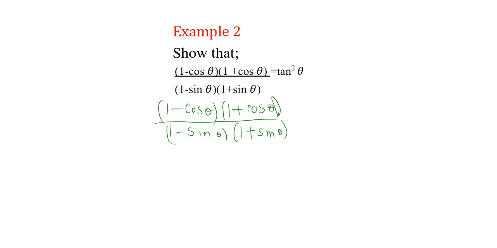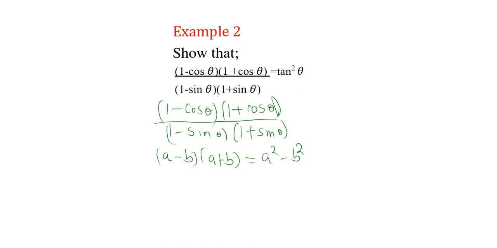I want us to recall the quadratic identities, where we have a minus b multiplied by a plus b is equal to a squared minus b squared.